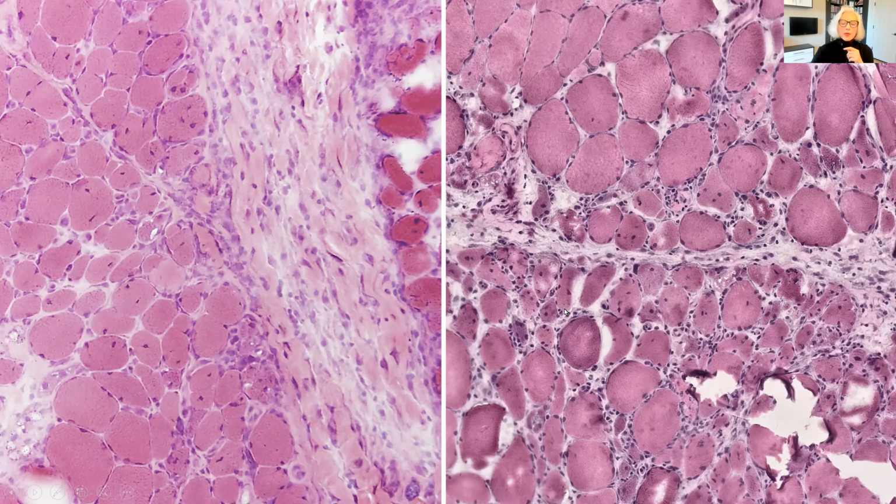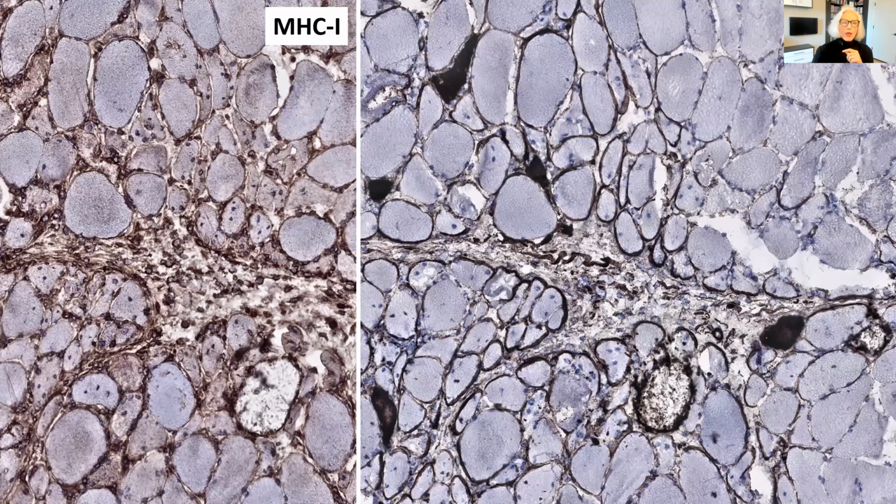And the fact that you have fiber necrosis is a clue that you might be dealing with antisynthetase syndrome-associated myositis. Although, again, anti-Mi2 dermatomyositis has quite a bit of overlap, and that's one of the most difficult differential diagnoses in this particular field.